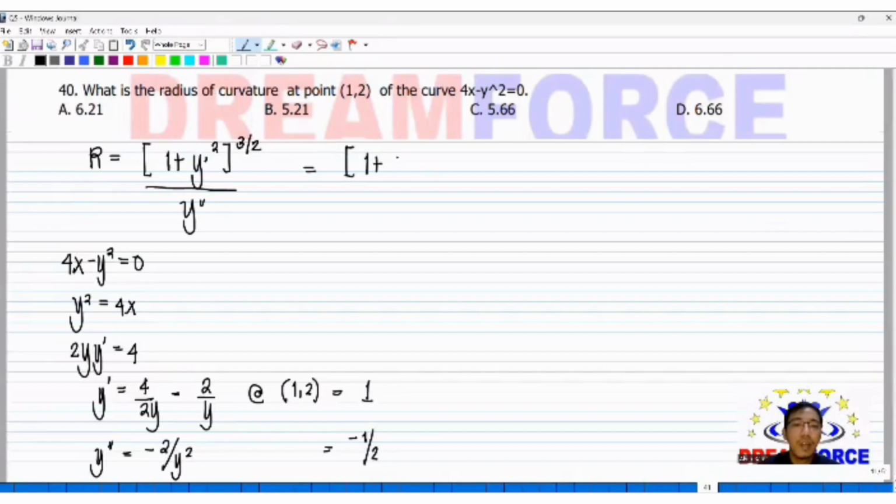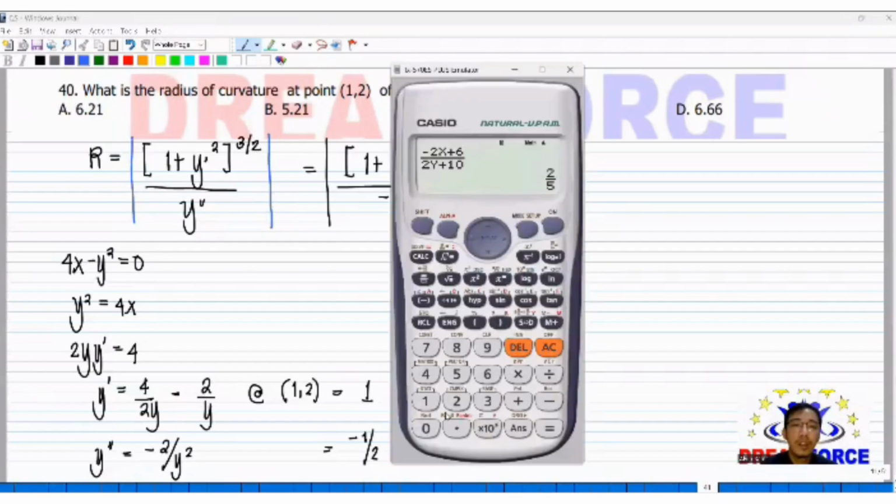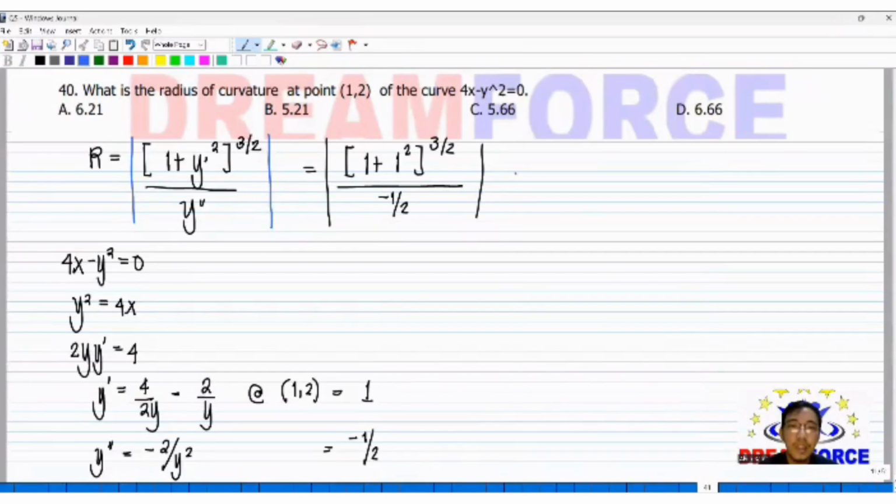So 1 plus y prime is 1, so squared raised to 3 halves over negative 1 half. Since negative yung lalabas dito, let's take the absolute value. Kasi dun sa formula mismo ng radius of curvature, may absolute value yan. Hindi pwedeng maging negative yung radius. So 2 raised to 3 halves times 2. Ayan, 5.656.